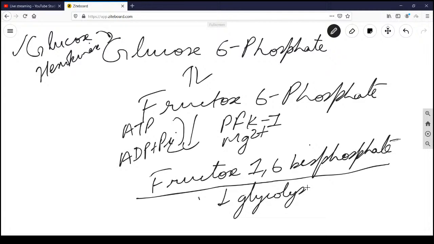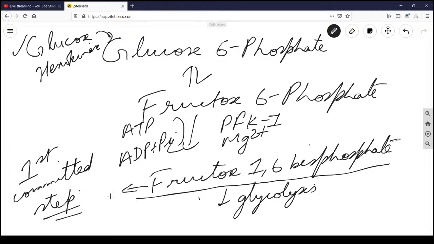So this step is known as the rate limiting step. You can say first committed step, fructose 6 phosphate to fructose 1,6 bisphosphate, the first committed step towards glycolysis. And this is a proper NEET question. When will the cell decide that now only pyruvate will be formed, that it will not diverge into any other pathway? Because there are multiple pathways concerning glucose, not only glycolysis.